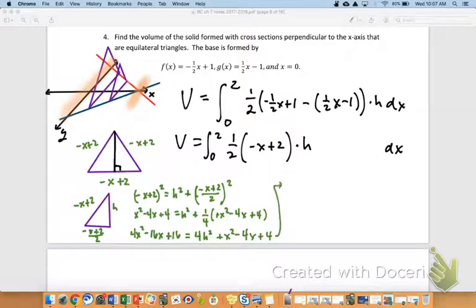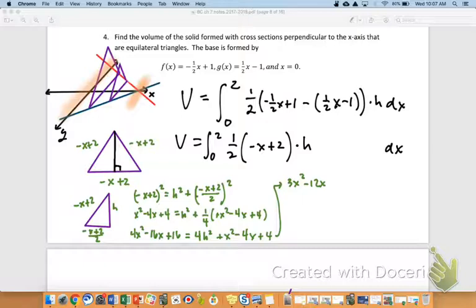So this would be 3x squared minus 12x. Why is it 4h squared? Because I multiplied everything through by 4. So every single term got a factor of 4. You weren't distributing the 4, you were just getting rid of it. I was getting rid of the 1/4 by distributing a 4 to everything.